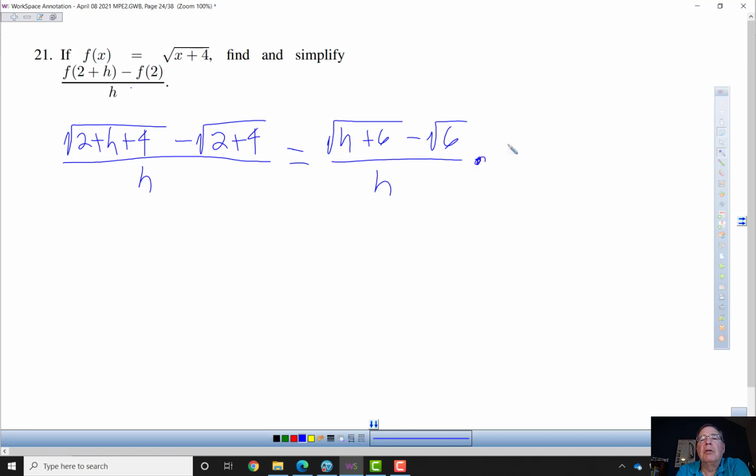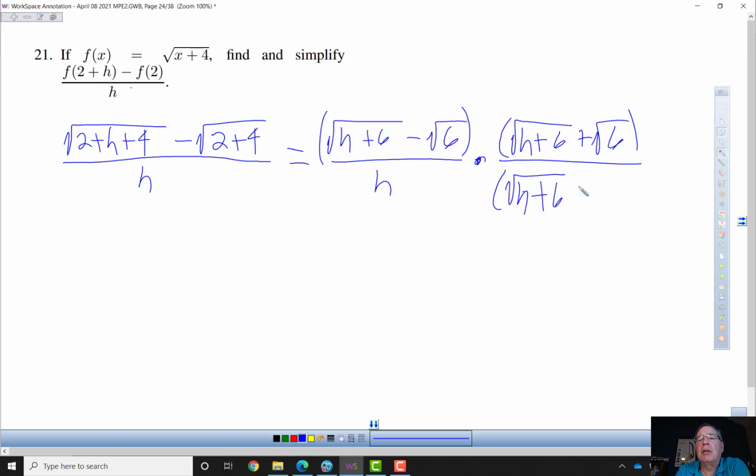So I'm going to use the difference of two perfect squares trick. I'm going to multiply by the square root of h plus 6 plus the square root of 6 divided by itself, the square root of h plus 6 plus the square root of 6.